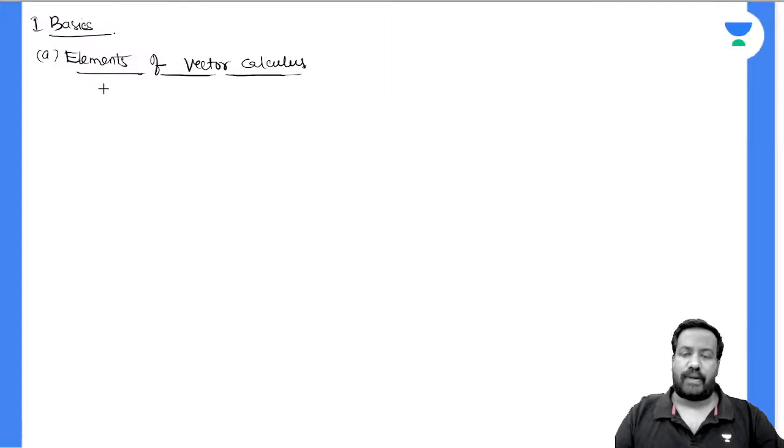In elements of vector calculus, what's the doubt here? Let me know.